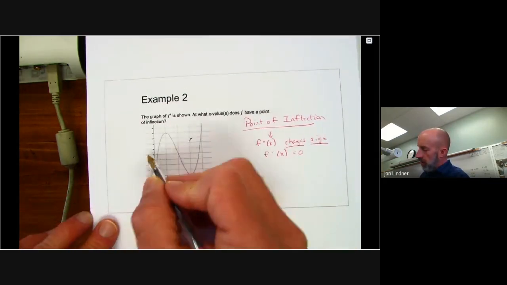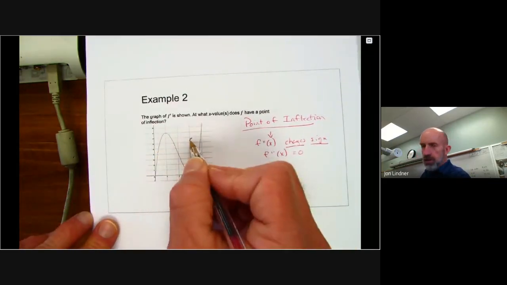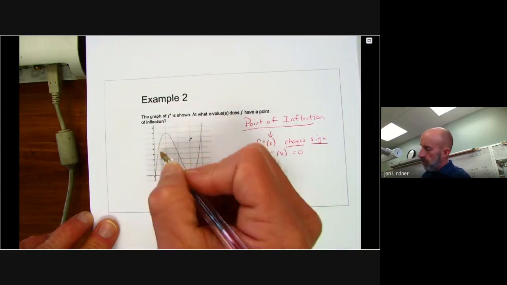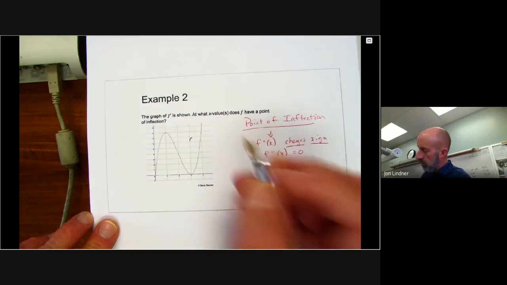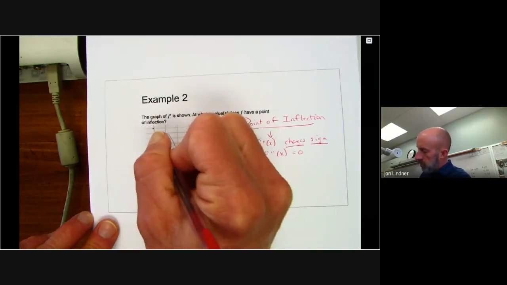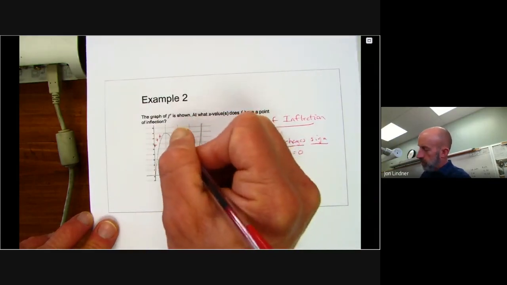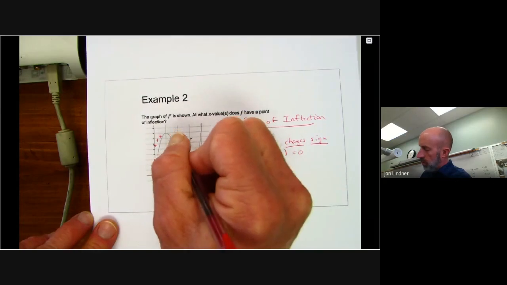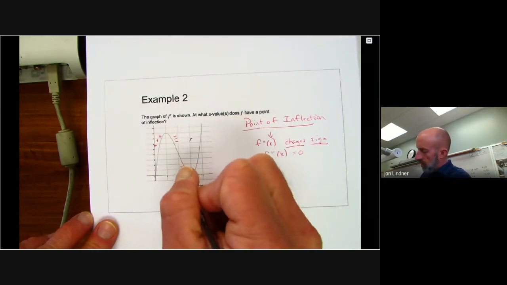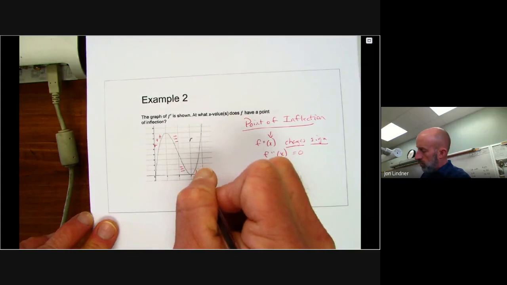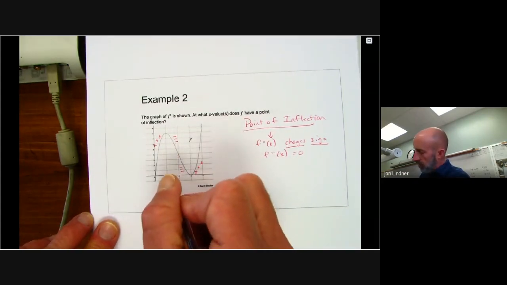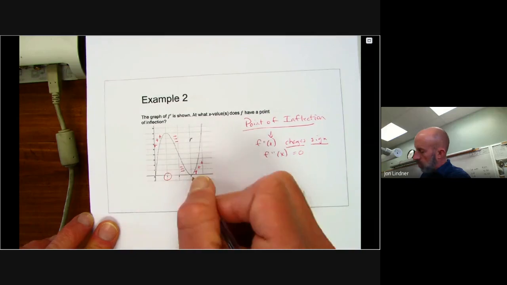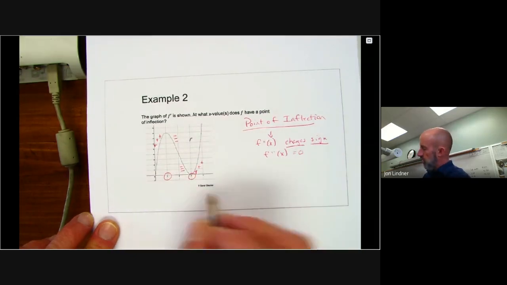Well, if I think about the slopes of the tangent line, this is the graph of f prime. So the slopes of the tangent line to this would be the second derivative. Here, the slopes of the tangent line are positive. Then they switch to negative. Down here, they're negative. They're switching back to positive. So it looks to me like we have a place where it changes sign at 1 and 3.